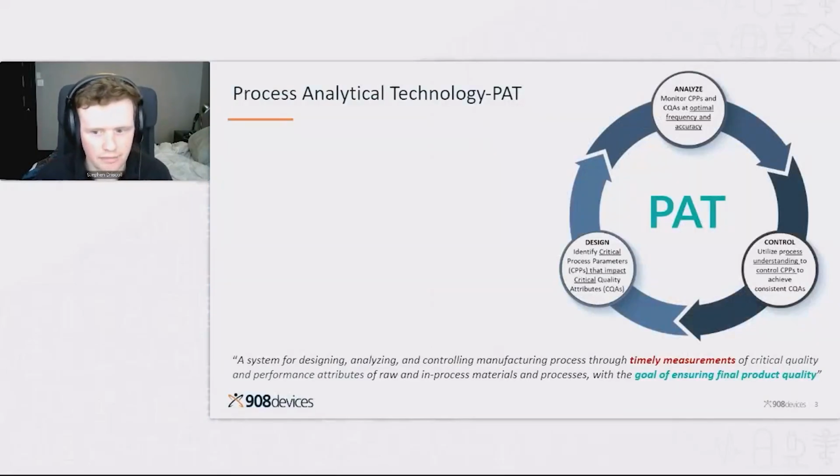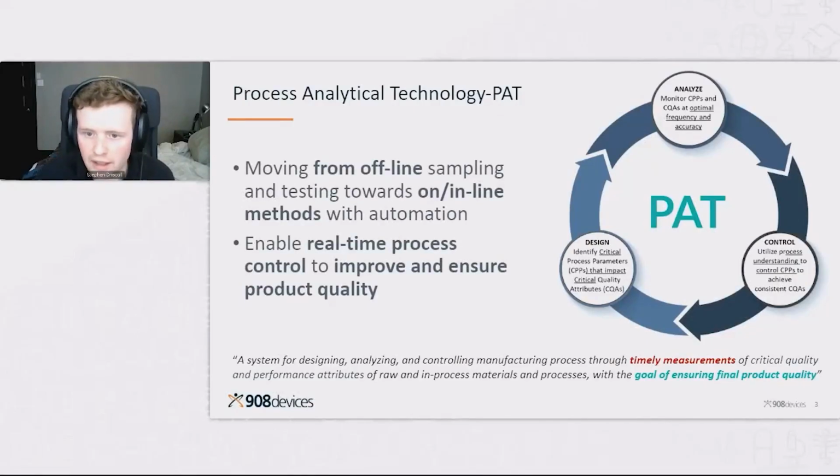I'm sure everyone in this webinar is familiar with process analytical technology, PAT, but I'm just going to go over the spirit of PAT because it motivates our device development direction when it comes to MAVERICK. So in 2004, the FDA released its guidelines on process analytical technology, really highlighting that we should be moving away from these offline sampling and testing strategies more towards online or inline methods with automation, with the ultimate goal of enabling real-time process control to improve and ensure product quality.